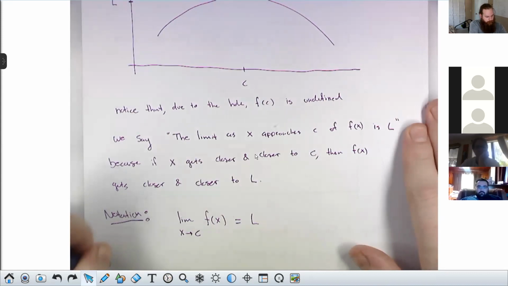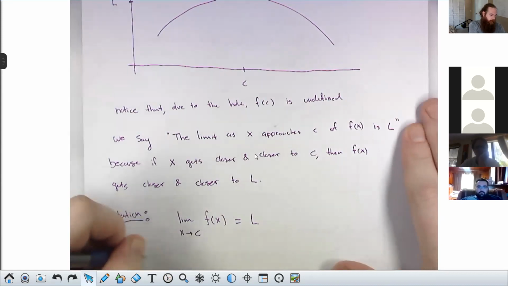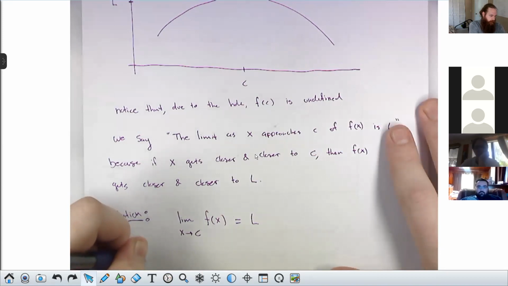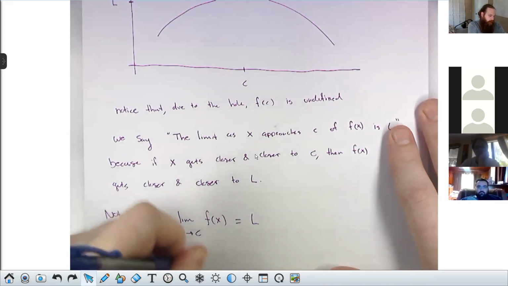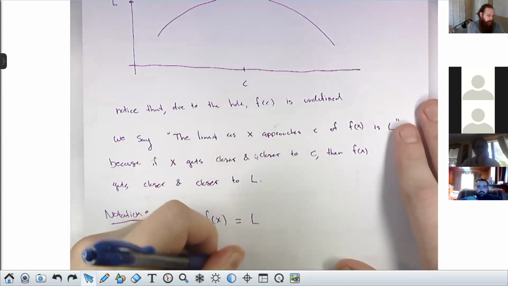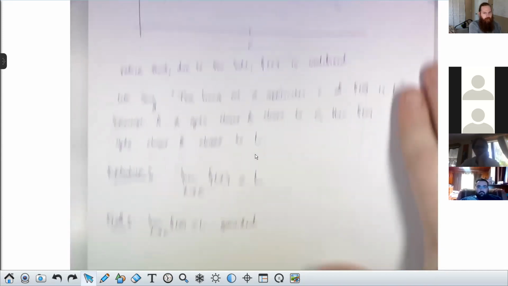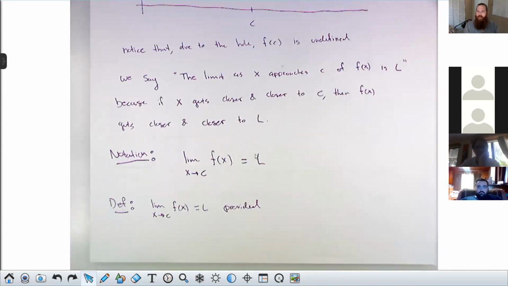The strict definition: we say lim x to C of f of x equals L, provided, for us, we think of this in terms of a one-sided thing.